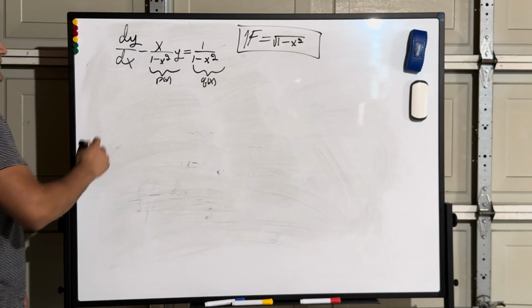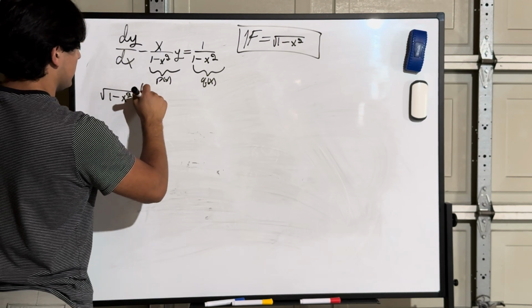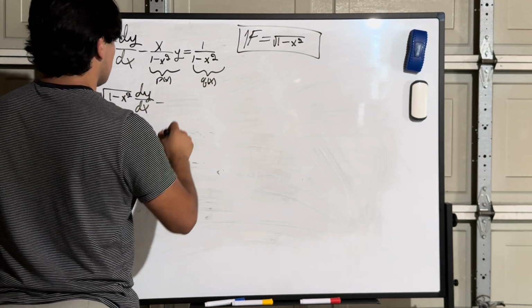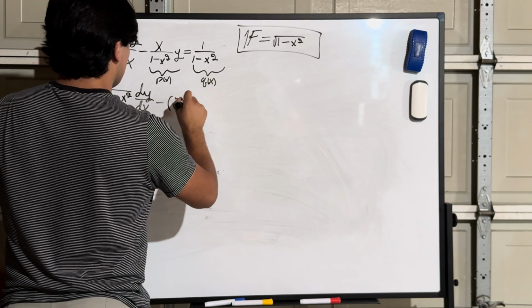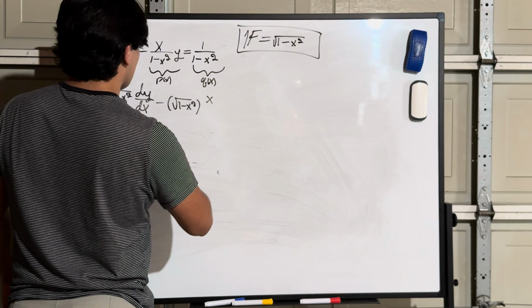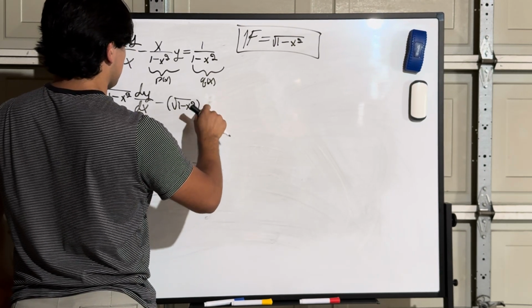So now we multiply this. 1 minus x squared dy dx minus x squared. Okay. This is pretty fancy here.